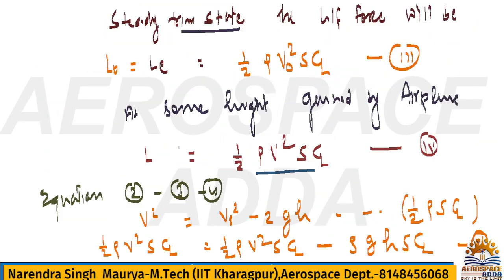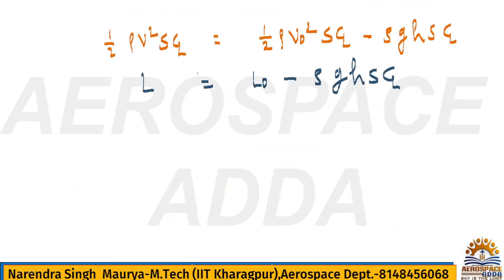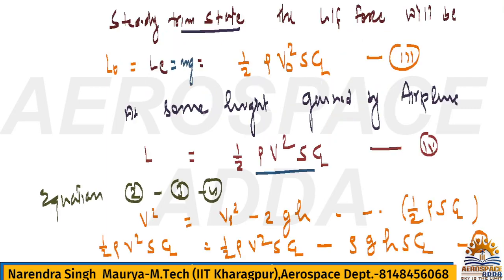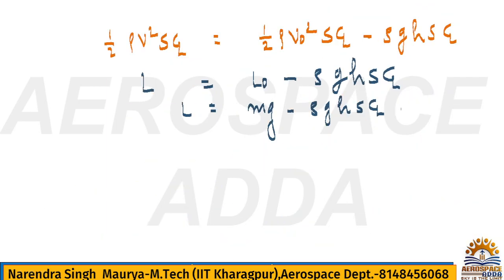So L naught will be replaced by mg, minus rho g h S CL, and this is nothing but L. This is equation number 6. Okay, you write it: L is equal to mg minus rho g h S CL.